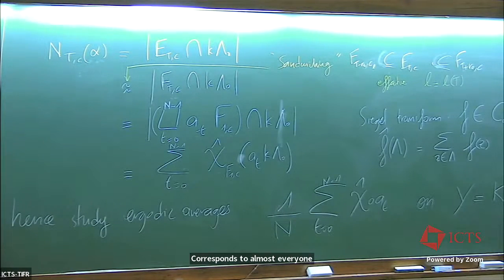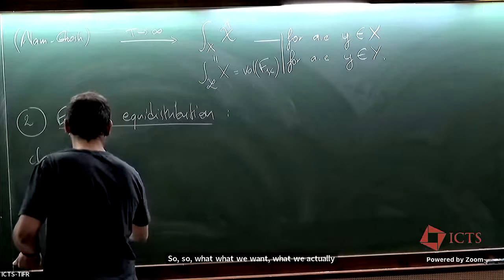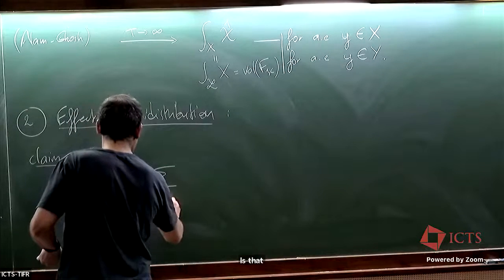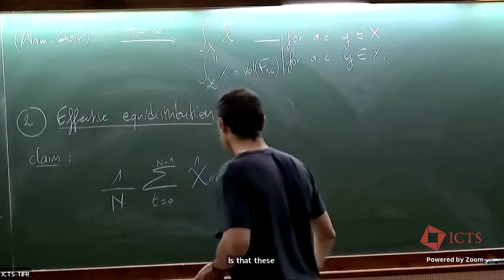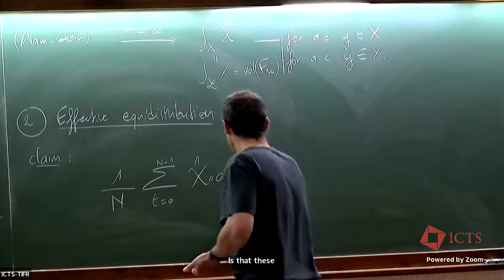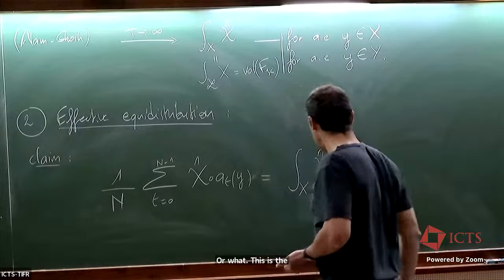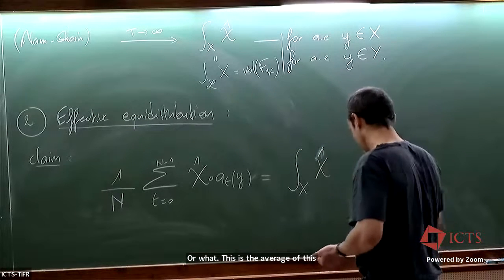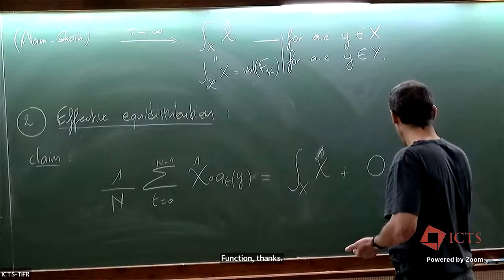Yes, this is a good question because it allows me to reformulate the theorem in terms of ergodic averages. So what we actually claim is that these ergodic averages equal the average of the Siegel transform of the characteristic function on X, plus some error term of n.